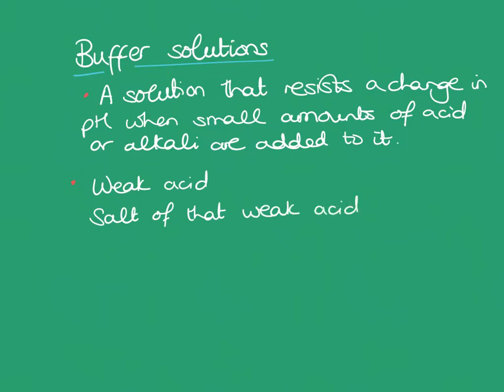So say we used ethanoic acid, and then we would have in there as well some of the salt, say the sodium salt of the weak acid as well. There are two ways to prepare them.